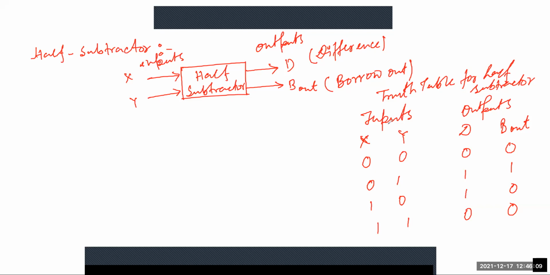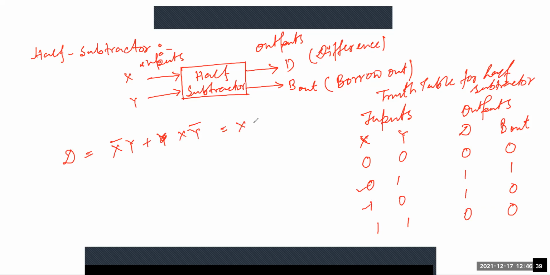Now from the Boolean expression of difference and borrow output, we can write D equals only this and this combination. So it is X bar Y plus X Y bar.